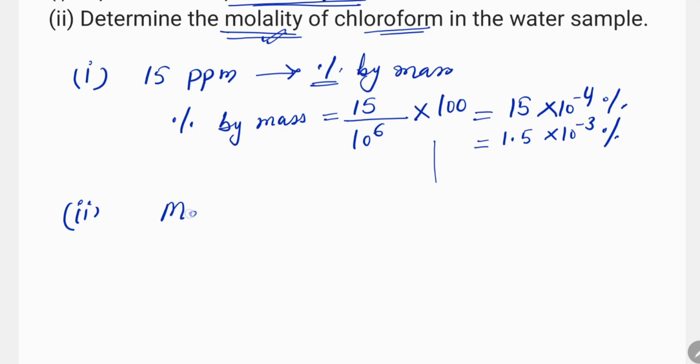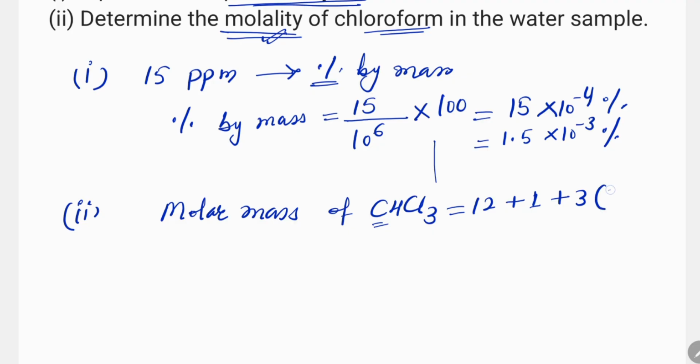Molar mass of chloroform is equal to carbon 12 gram plus hydrogen 1 gram plus 3 chlorine. 1 chlorine weighs 35.5 gram. So that comes out to be around 118.5 grams per mole.